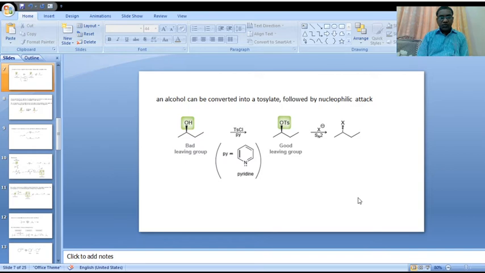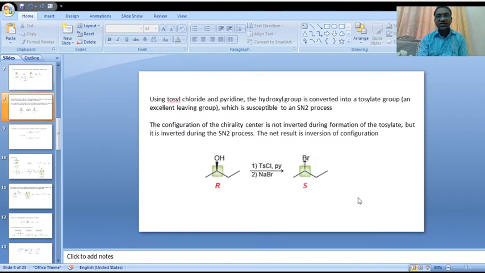Now let us go to another very interesting reaction. An alcohol can be converted into a tosylate followed by nucleophilic attack. Here also the leaving group may be different.